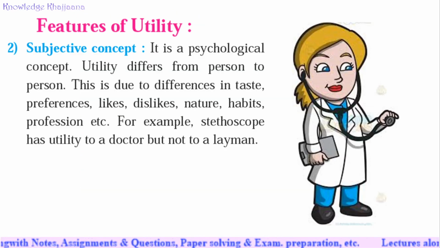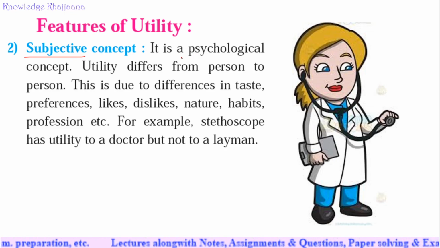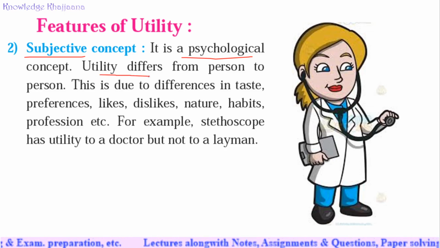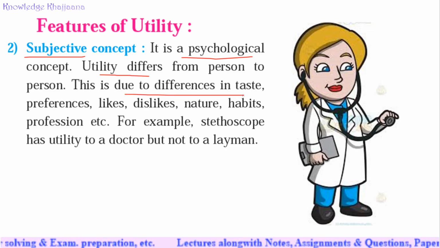The next feature is that utility is a subjective concept. See, it is a psychological concept. Psychological means what? Utility differs from person to person, right? This is due to differences. What differs from person to person?